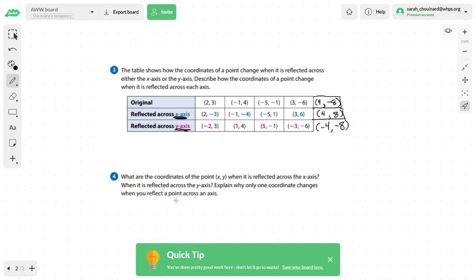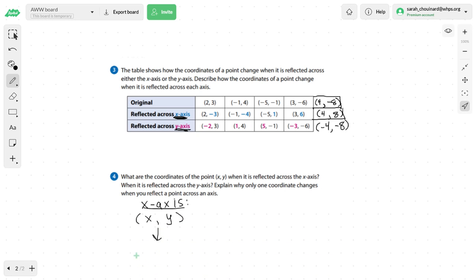So in general, when we do an x-axis reflection, if we have the coordinate x, comma, y, it's going to become positive x, but negative y. X stays the same, y changes to opposite.